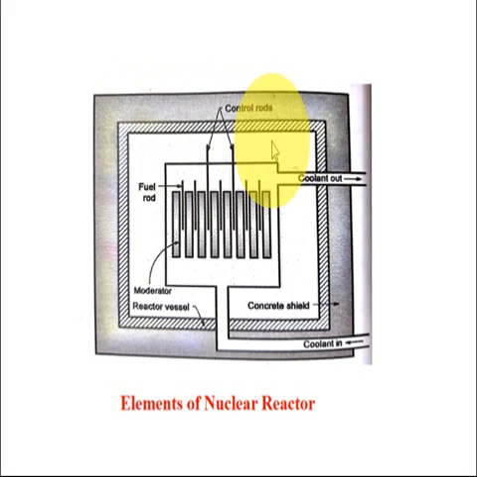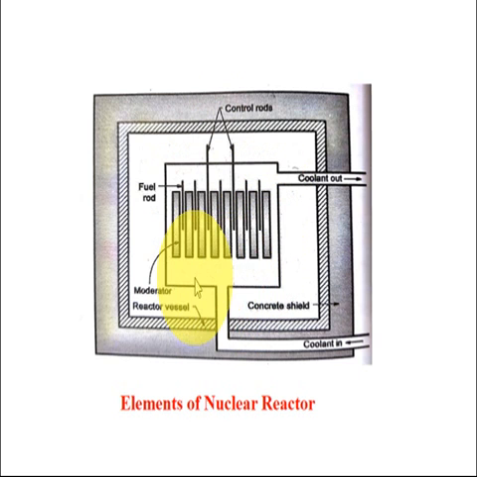Then it has a fuel rod, which may be natural uranium or, in a breeder, thorium and uranium. Then it has control rods, made of cadmium or beryllium, and these control rods absorb the neutrons and control the nuclear reaction in the reactor.